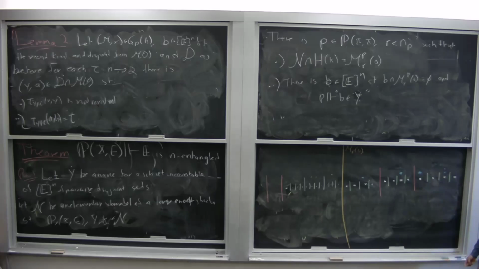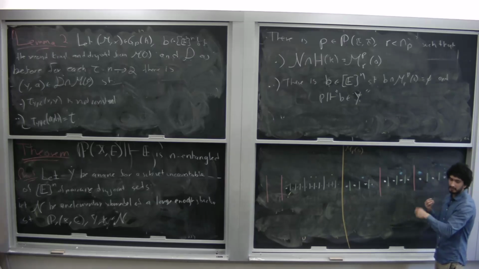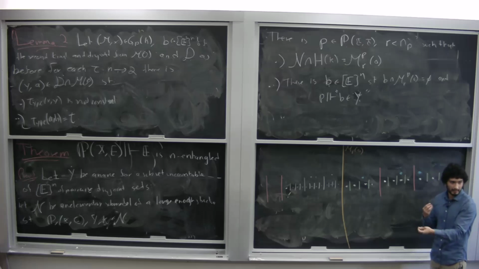Using that information, we can describe a set D, like in this lemma, as the set of all pairs such that the first element of the pair is the second coordinate of a condition, and the second element of the pair is something which is forced to be in Y.